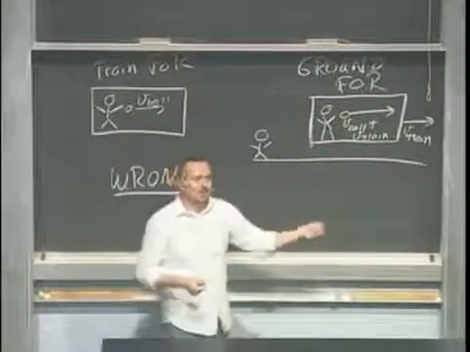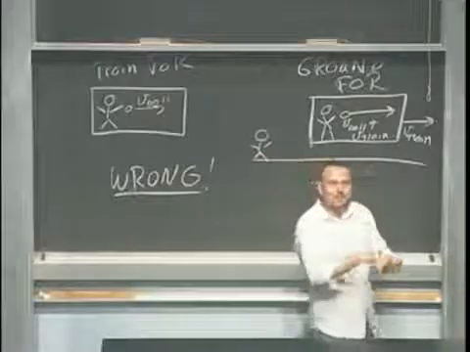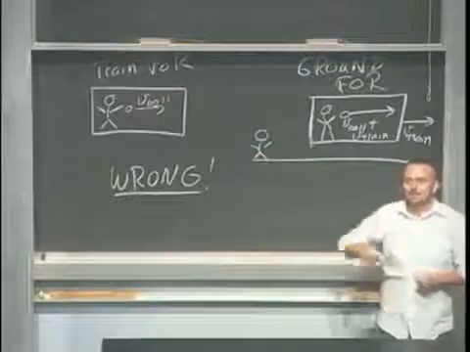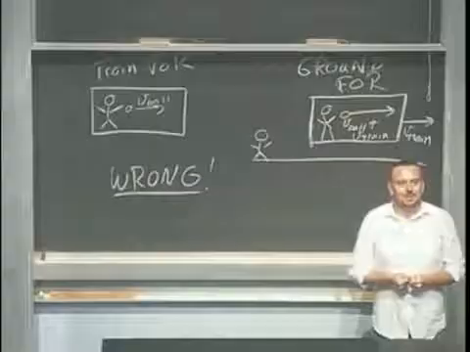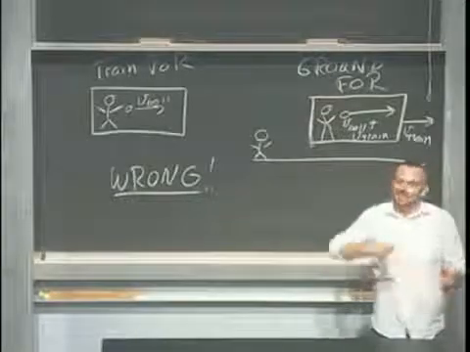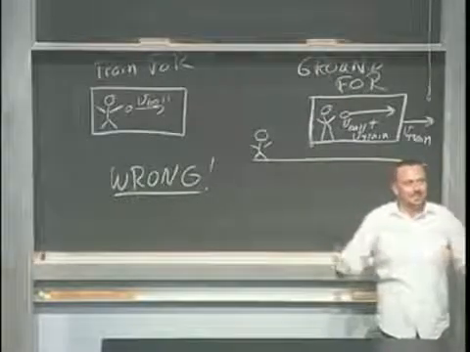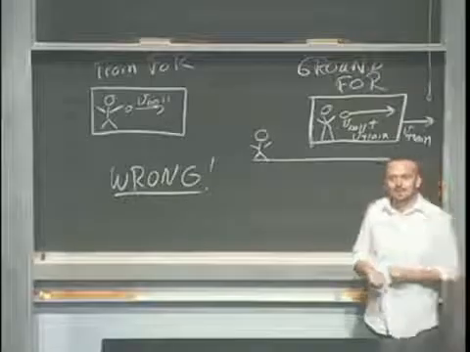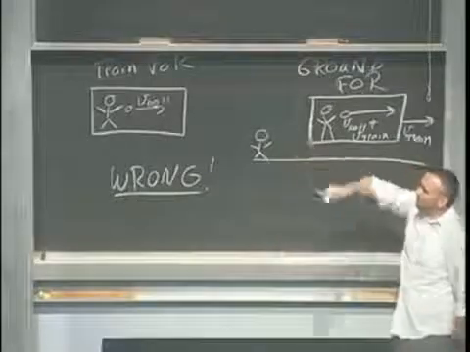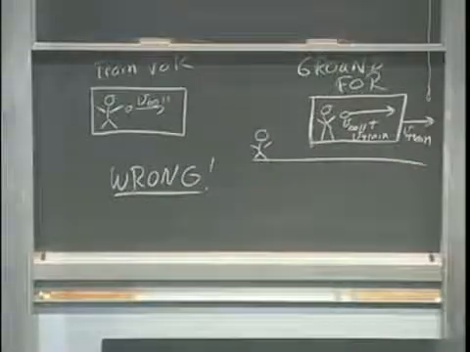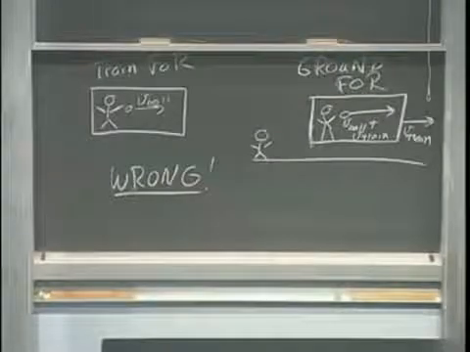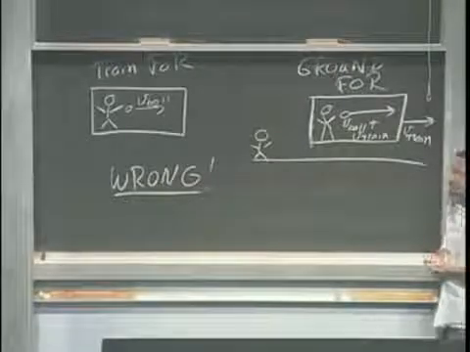So maybe we want to look at the universe from the sun's frame of reference, but the sun's orbiting the galaxy, so maybe we want to look at the laws of physics from the galaxy's frame of reference. But the galaxy is moving relative to other galaxies. So what is the basic frame of reference? Classical relativity would have claimed that there is no special frame of reference. You could look at the universe through any of those and you get the same answer.